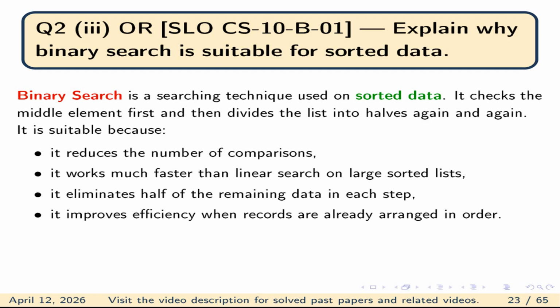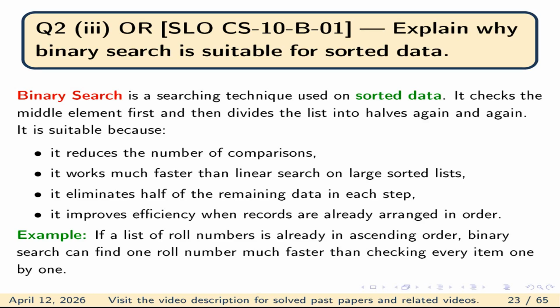It is suitable because it reduces the number of comparisons. It works much faster than linear search on large sorted lists. It eliminates half of the remaining data in each step. It improves efficiency when records are already arranged in order.